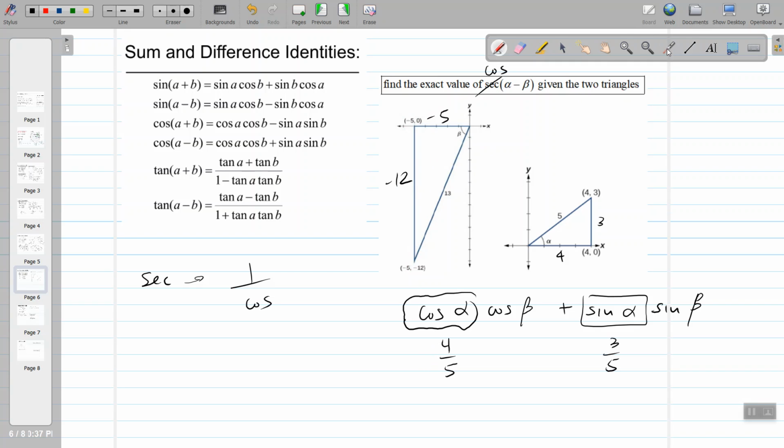Based on this diagram, cosine is going to be -5 over 13, and sine is opposite, so that's -12 over 13. Since these are all nice numbers, I think you should, for once, be able to combine it into one nice fraction.